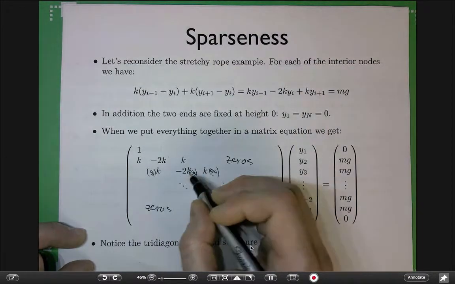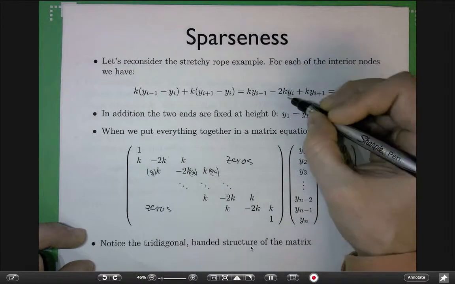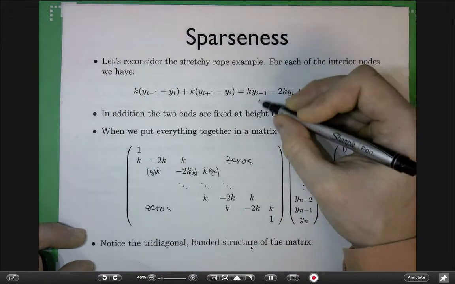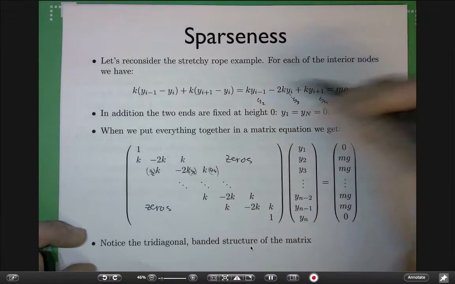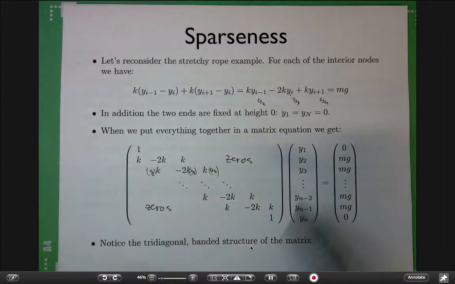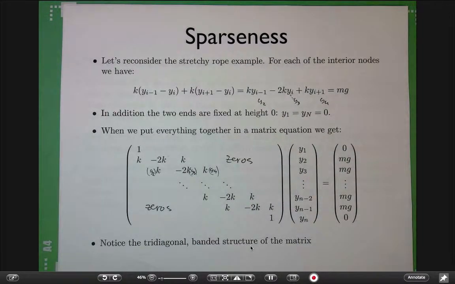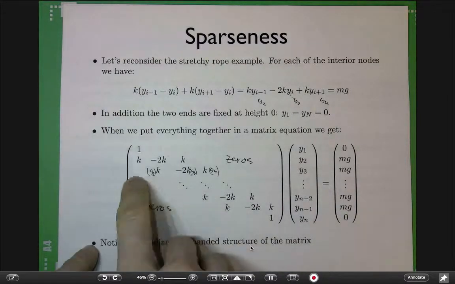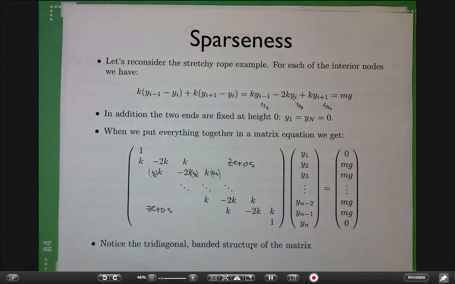So if I am at I3, I'm only looking at I2 and I4. I'm not looking at I1 or I5 or anything else. So that's why there are zeros in the matrix. The zeros kill the elements I'm not looking at. Because every node is only acted on by force from neighboring springs, and there are only 2 neighboring springs. So that's why there are zeros to kill all the rest.